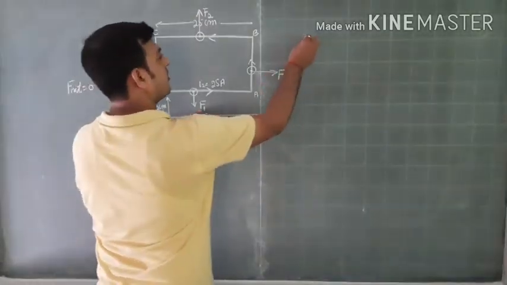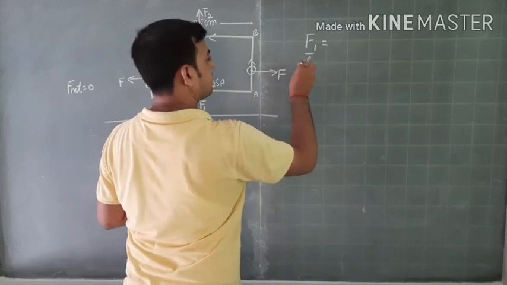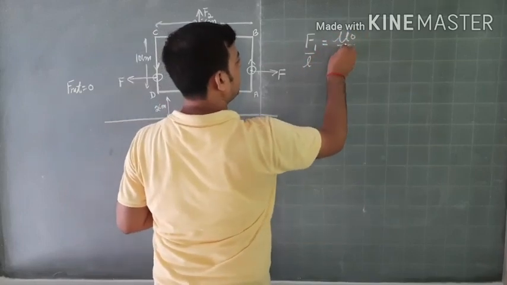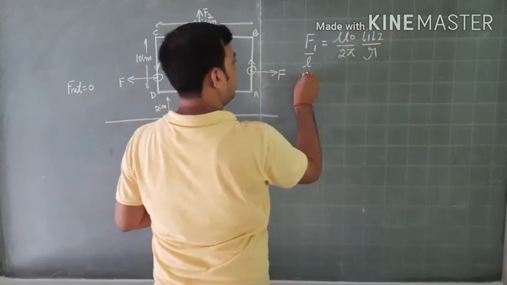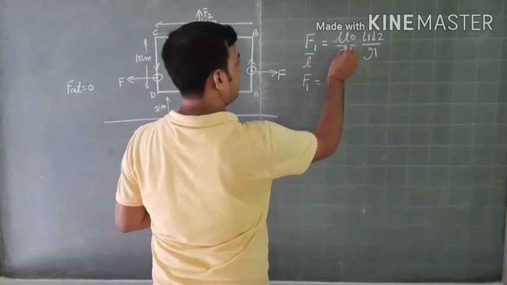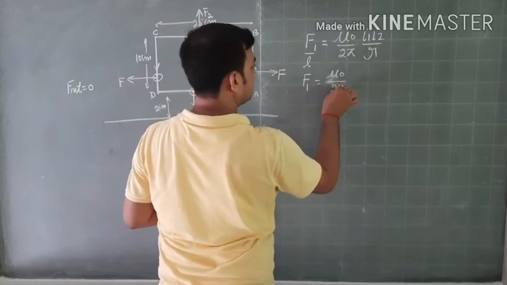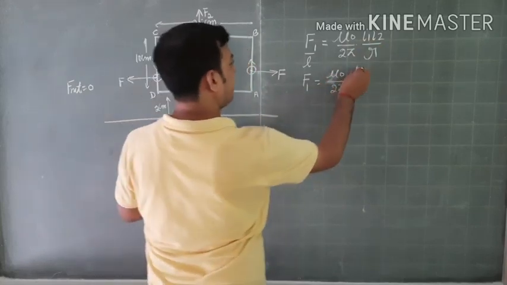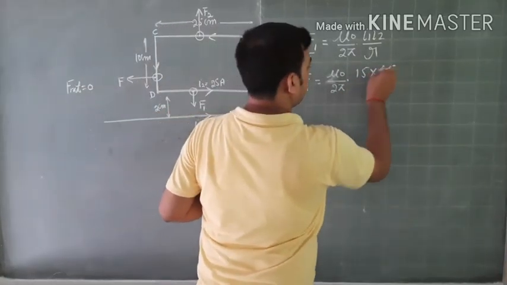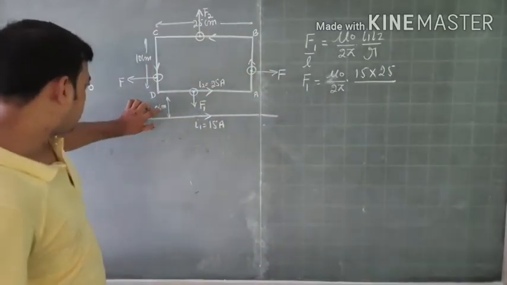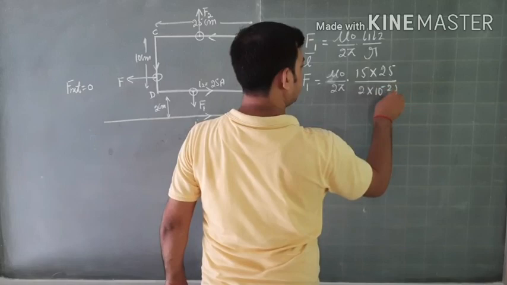So for this F1, I will write the formula, and the formula for force per unit length was mu naught by 2 pi I1 I2 by R. So F1 is going to be mu naught by 2 pi, I1 is 15, I2 is 25, and the separation between these two wires is 2 centimeter, so this is 2 into 10 raised to power minus 2.